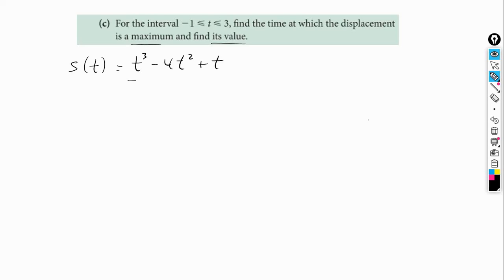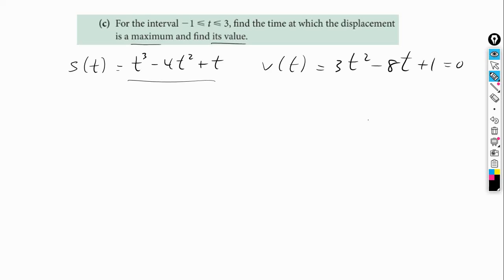We can graph this and find the maximum, which is what I'm going to show you next. Or we can use the velocity formula, because it's the derivative of displacement. Velocity is equal to 3t squared minus 8t plus 1, and if we set this equal to 0, we should be able to find the maximum.